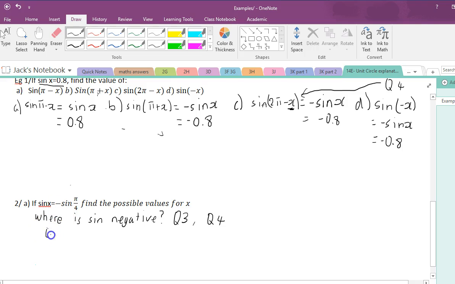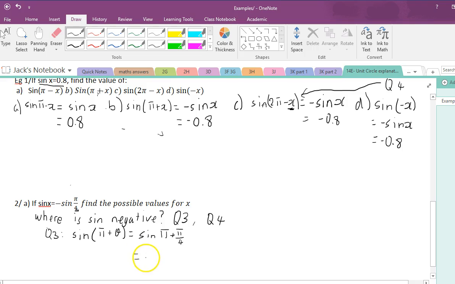So in quadrant 3, the reference angle is sine of pi plus theta. Now in this case, we know that the reference angle is pi on 4. So we have sine of pi plus pi on 4.